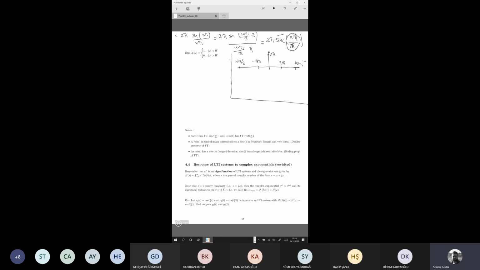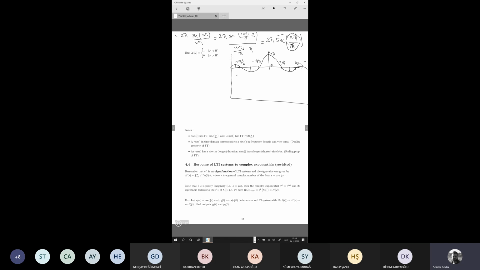So this is how this signal looks. Of course, the peak value is decreasing gradually as you go to plus minus infinity. So it is easy to plot once you know the shape of this basic sinc.